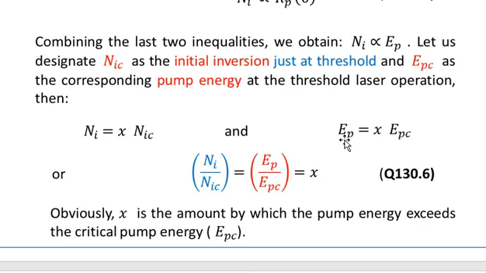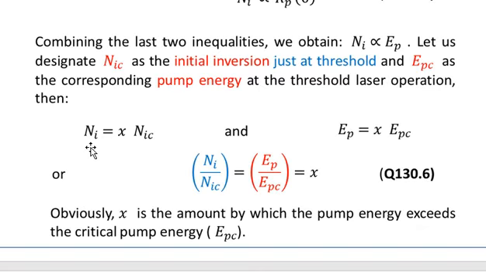Similarly, the pump energy EP can also be written as the pump energy at the critical value multiplied by X, because this X will be the same constant of proportionality. It is because Ni is proportional to EP. So if we write an equation for Ni and an equation for EP, then we need to put the same constant of proportionality, which is X in our case.